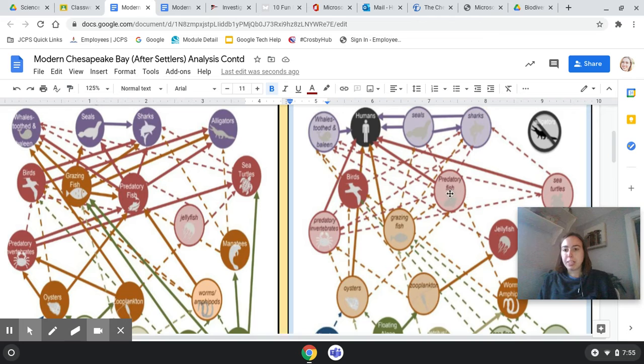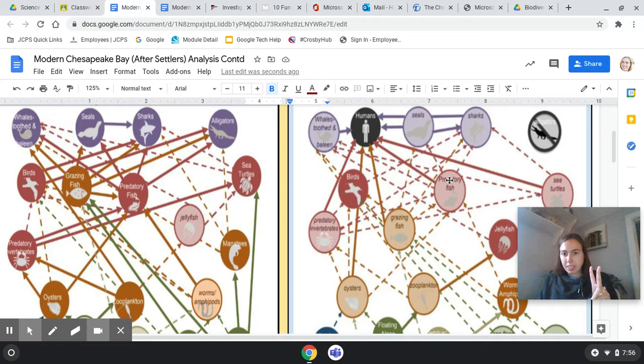And for predatory fish, I'm going to start at the top. I can see one arrow going to sharks. That's a weak interaction, but predatory fish are getting eaten by sharks, so that's 1. I see another arrow going from predatory fish to seals, also a weak interaction, a dotted line, but that's 2.